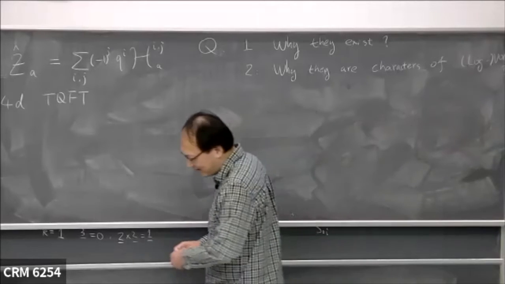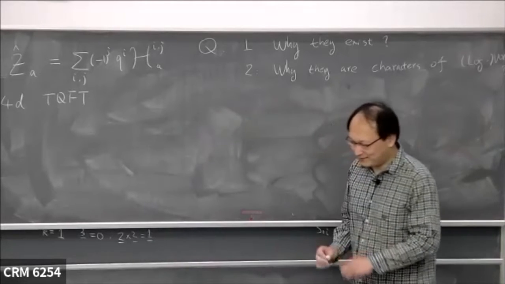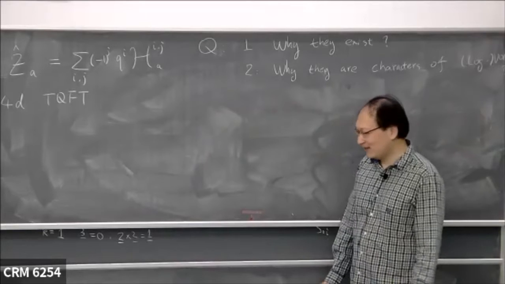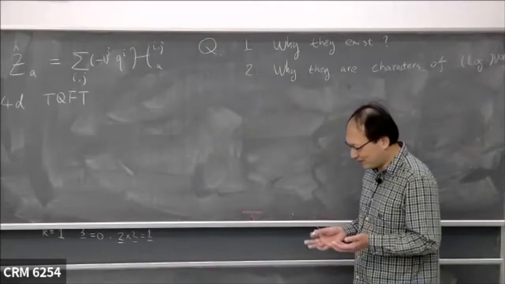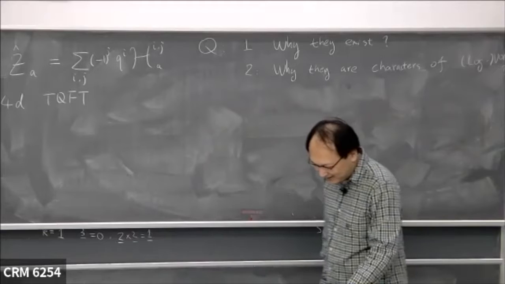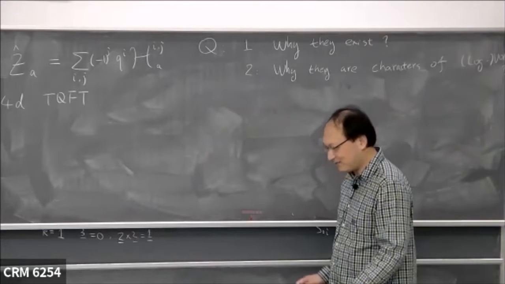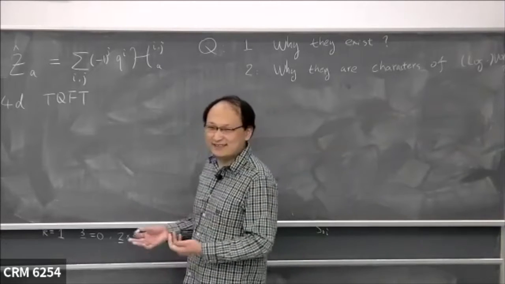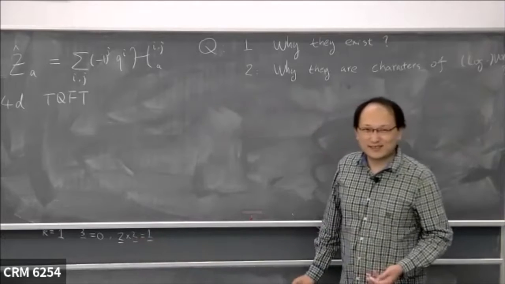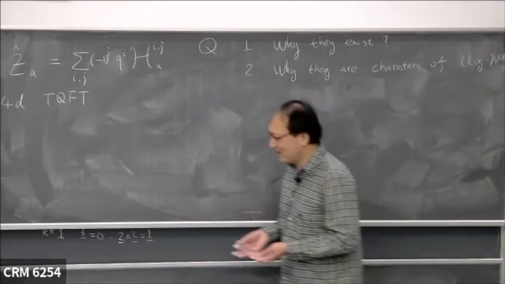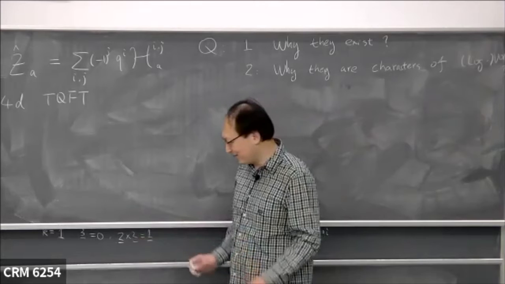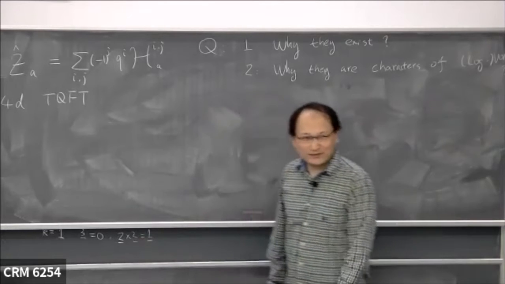So some of them are pretty good. For example, they can potentially detect exotic smooth structures. Some of them might only know about the signature or the Euler characteristic of the four manifolds.